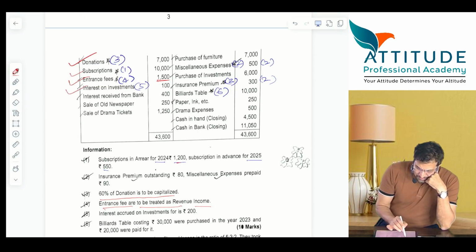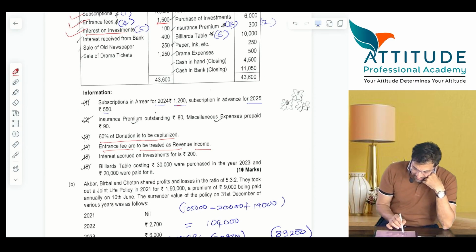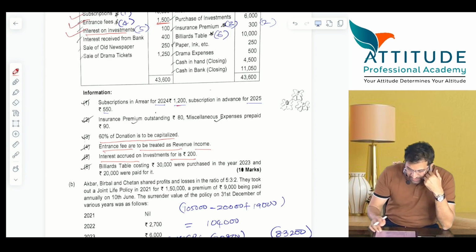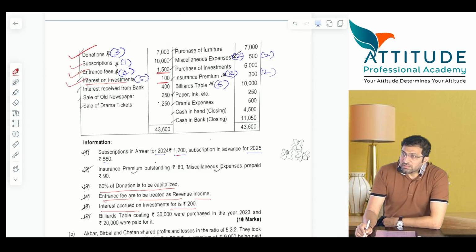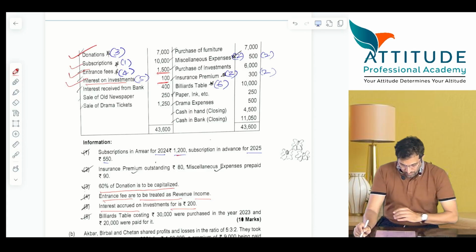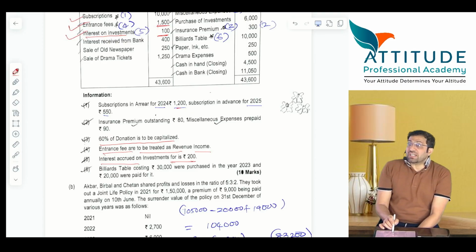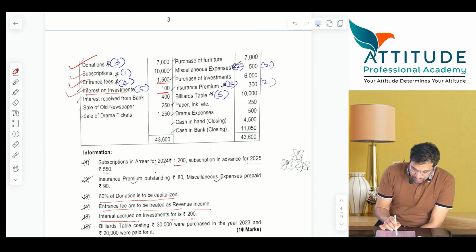Now tell me the next item, interest on investment. Guys, interest on investment, adjustment number 5 है. Interest accrued on investment is 200. On accrual basis you have to take, but here they have given 100. See here, interest accrued on investment is 200, means outstanding interest receivable is 200, already received is 100.